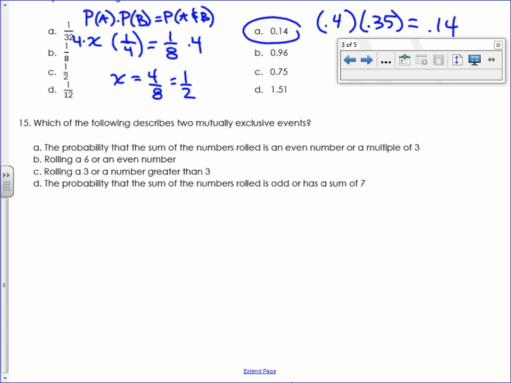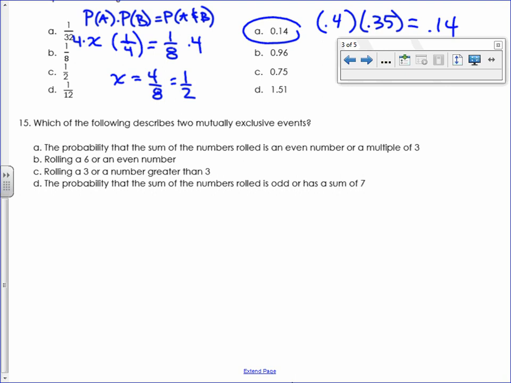The probability that the sum of the numbers rolled is an even number or a multiple of 3. Can a number be even and a multiple of 3 at the same time? Yes, it can. 6 is a multiple of 3, and it's also even. Can the sum of two numbers be odd and 7?